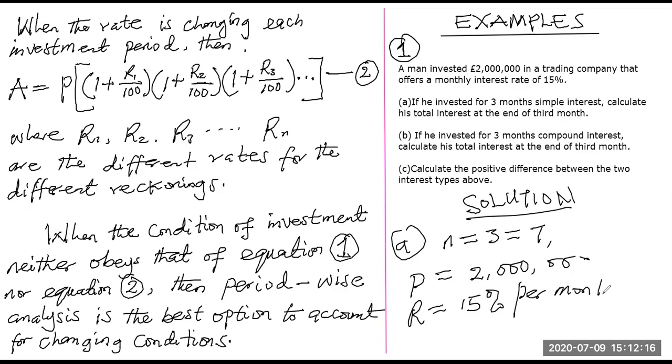You can see that since our N is also in months, they are compatible for simple interest. You can use them in simple interest just as we learned. So we now use the simple interest formula, because we are told that if invested for 3 months at simple interest, calculate his total interest at the end of the 3rd month. So we use the simple interest formula here.